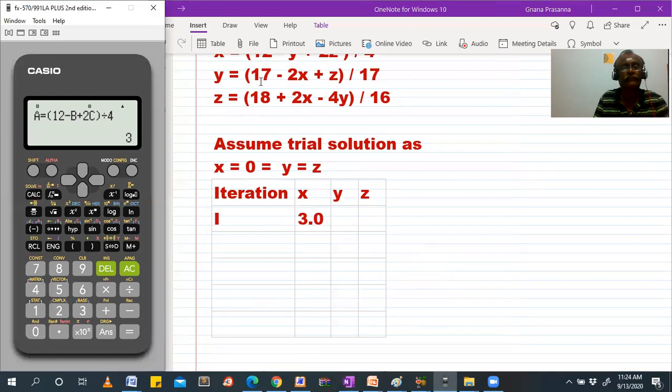B equal to, open bracket, 17 minus 2A plus C, close bracket, divided by 17.